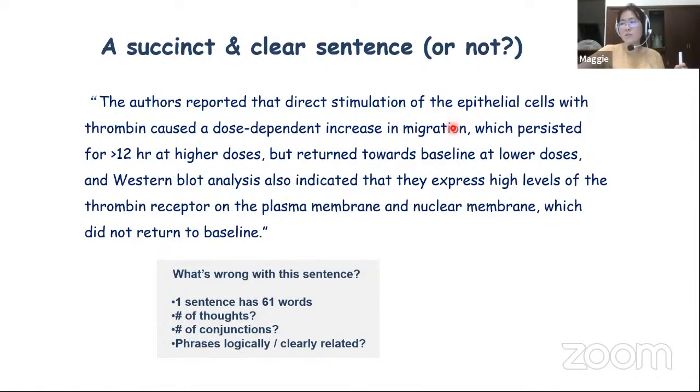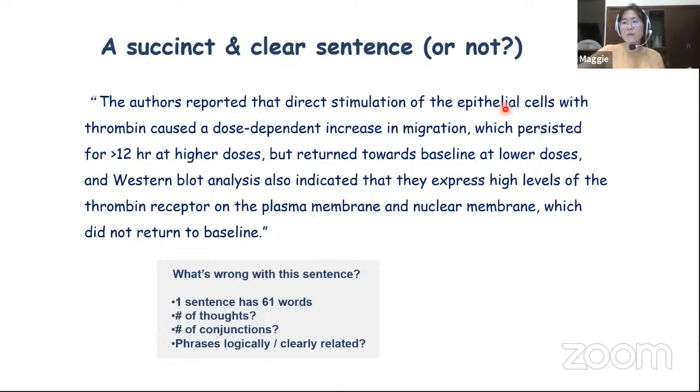And then this migration will persist for more than 12 hours at higher doses. That's a second idea. This migration can last for a long time and then return towards baseline at lower doses. So this effect depends on the dose of the thrombin stimulator. And then they perform Western blot analysis, another thought, which also indicates that they express high levels of thrombin receptors on the plasma membrane. So that's another thought.